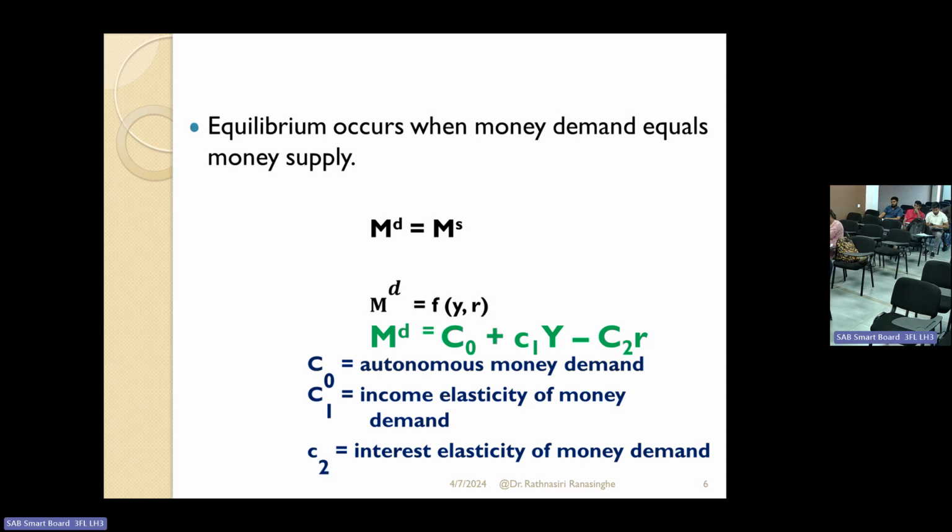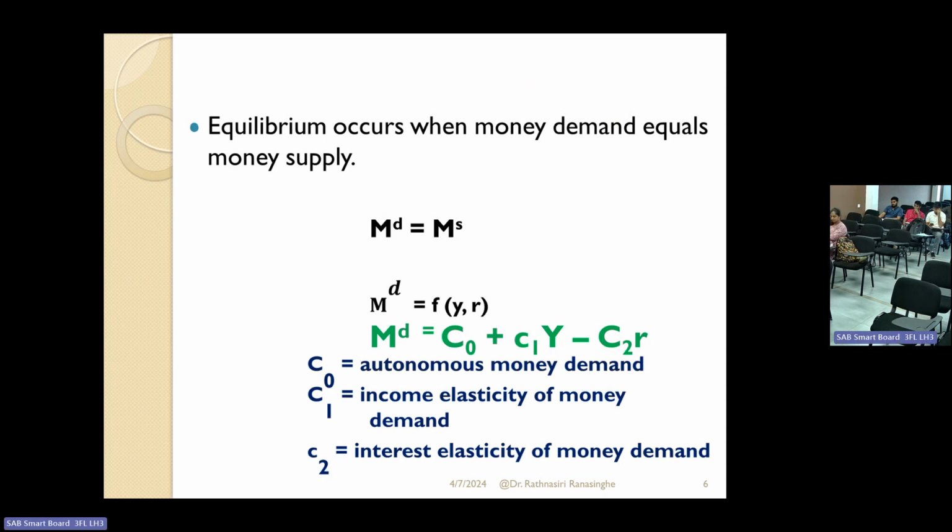Income explains the transaction and precautionary money demand, which depend positively on income. The interest rate explains the speculative money demand, and it affects money demand negatively.